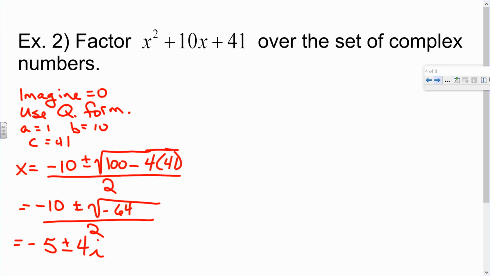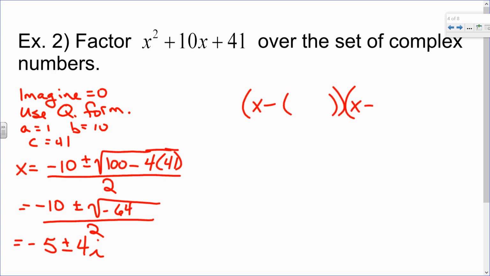It's not really equal to 0, so now when I have factored it, I need to take x minus each of those roots that I just found, but not equal to 0, because I don't know what the real problem equals. So I'm going to plug these in. I'm going to take x minus, one root was negative 5 plus 4i, the other root was negative 5 minus 4i.